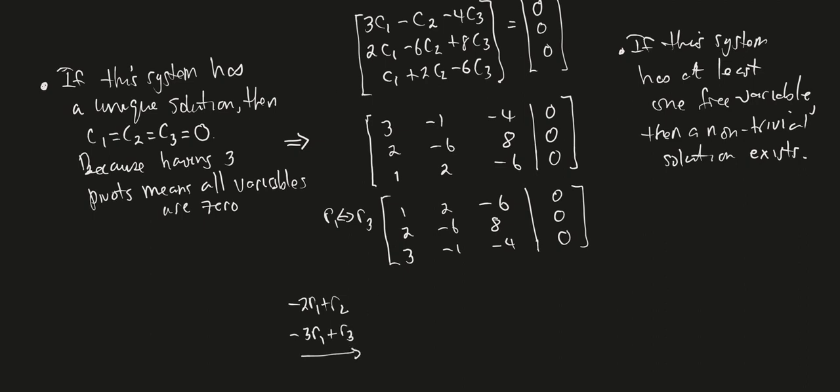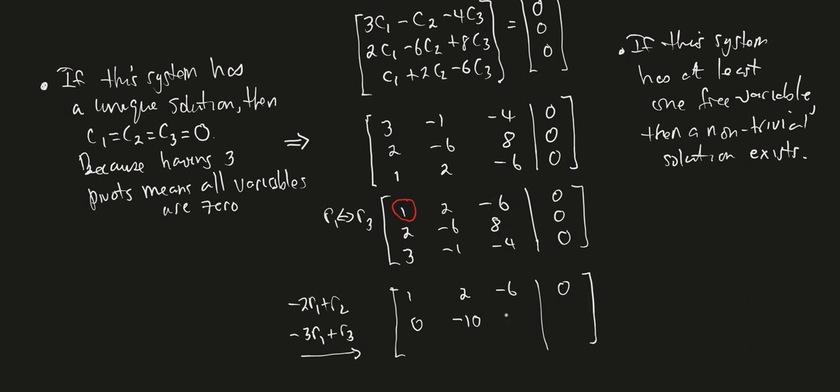So I'm using this as my trusty pivot. With these two operations, the first row will not change. But now, multiplying this by -2 and then adding here, I end up with 0, and then a -10, and then a 20.